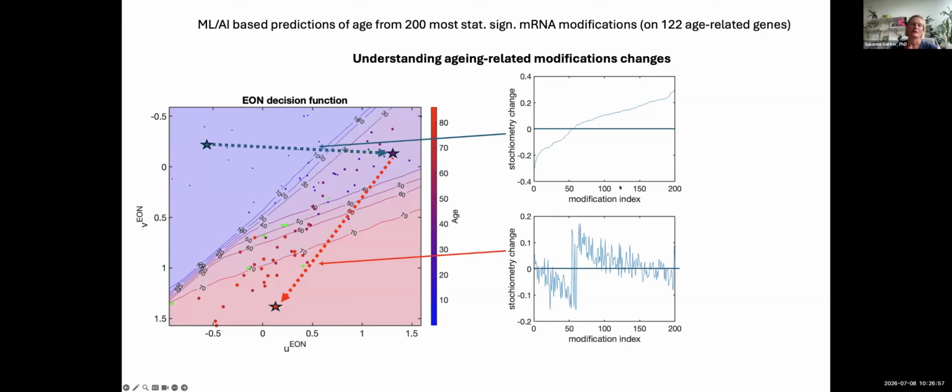And these are the same. So here they are nicely sorted. That's why the curve is so plain. Here it's the same modification. What you can see here is that those modifications that were strongly decreasing in the process from child to adult are those that now start increasing.